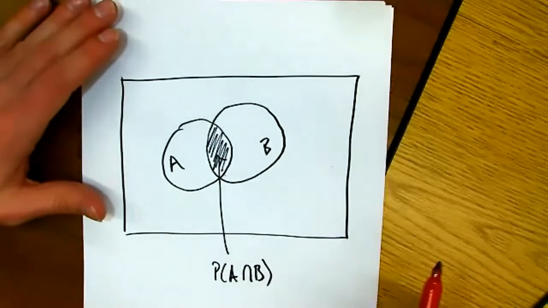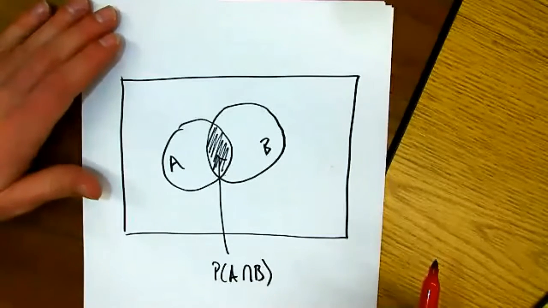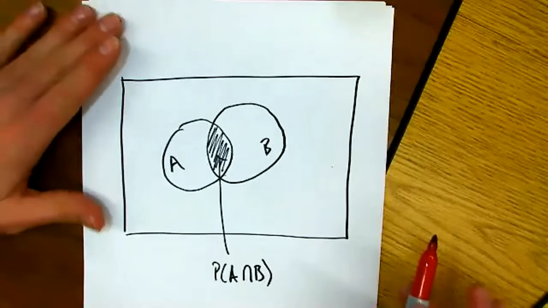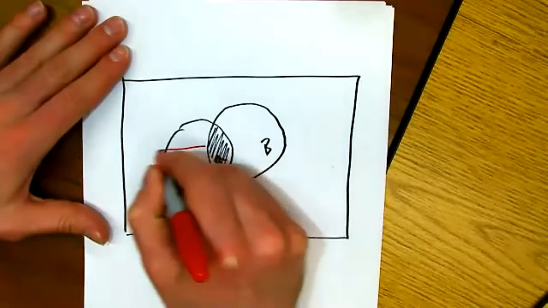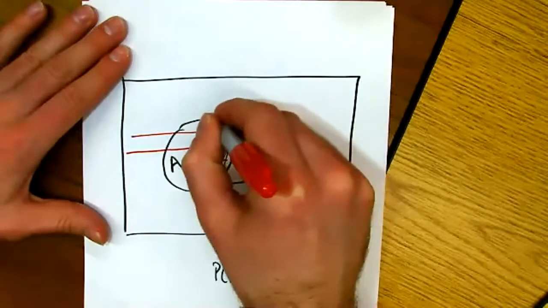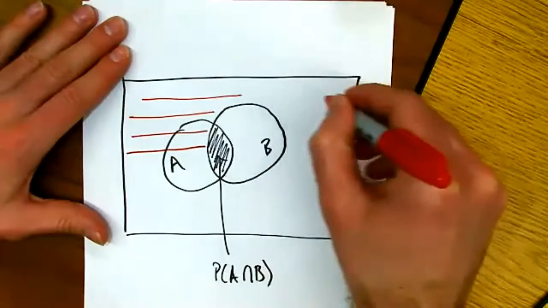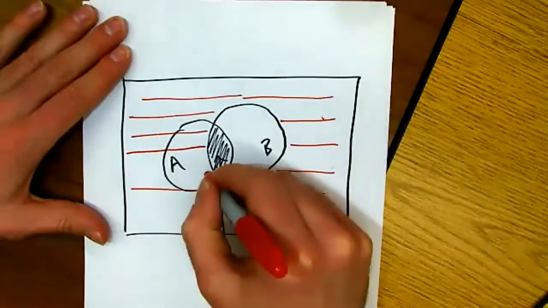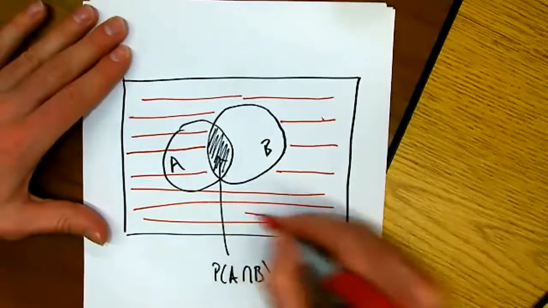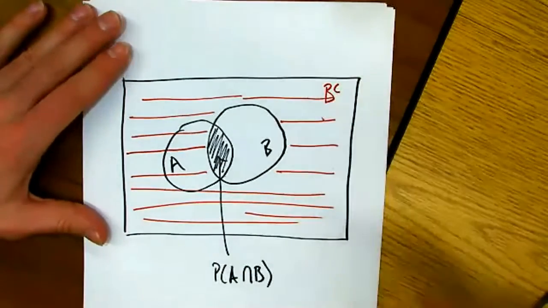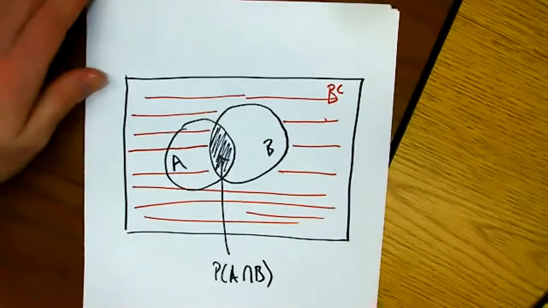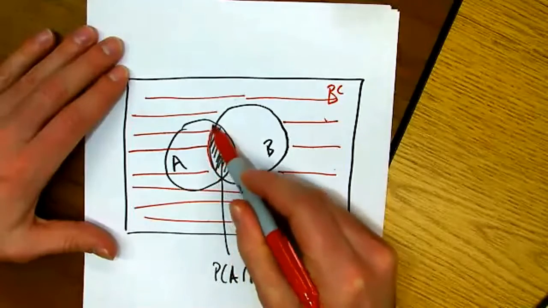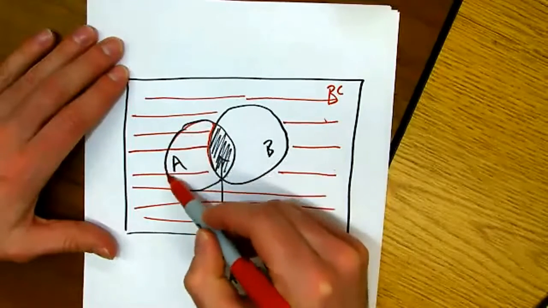So let's think about where B complement would be. Well, B complement is everything that's not in circle B, right? So I could literally just take lines and shade in the area that's outside of circle B, okay? So this red represents B complement. So what is this crescent moon on this side?